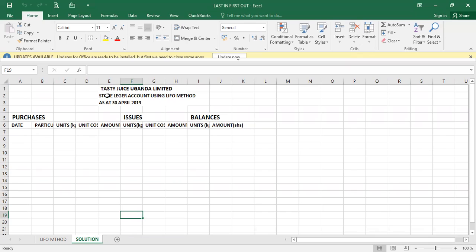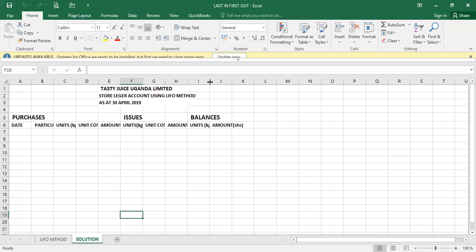Of course, when you're starting any financial statement, you start with the name of the company, what you're preparing, and the period. We've used the same question that we did when using FIFO. I've only changed the method, and it is the same company.